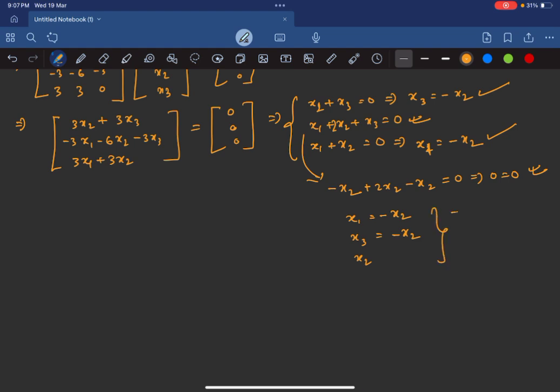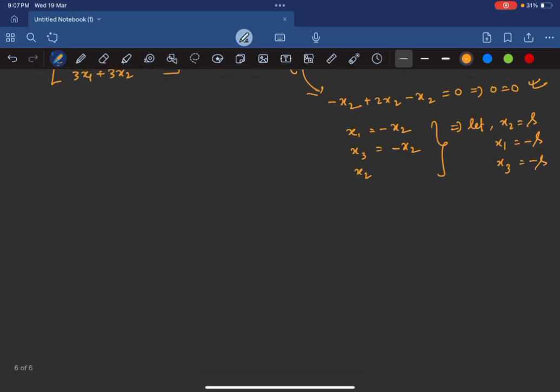Basically, from this relation, let x2 equal s, so x1 will be minus s and x3 will be minus s as well. So we can write x as minus s, s, minus s.